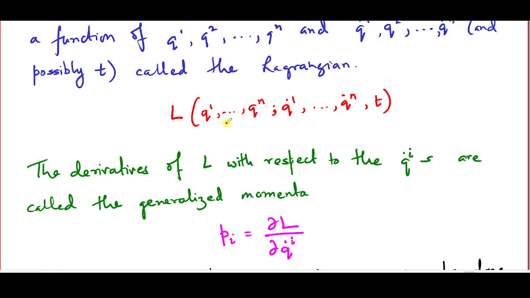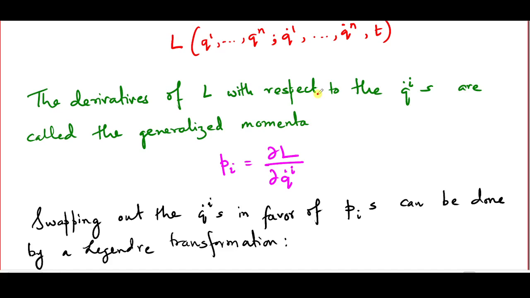So here we have a bunch of variables and a function written in terms of those variables which actually has complete information about the dynamics. What we have here are derivatives of that function with respect to some of these variables, the velocities.